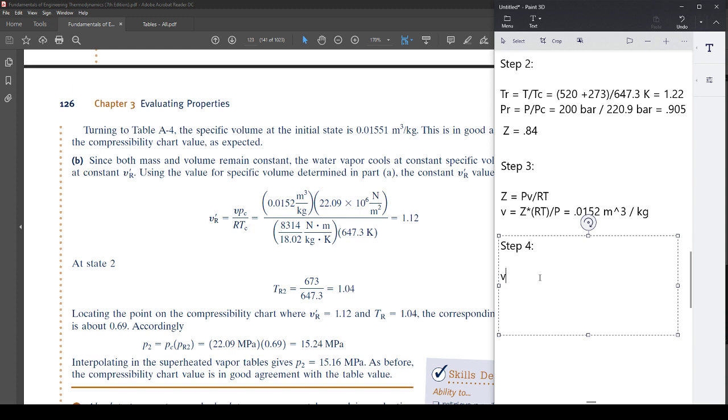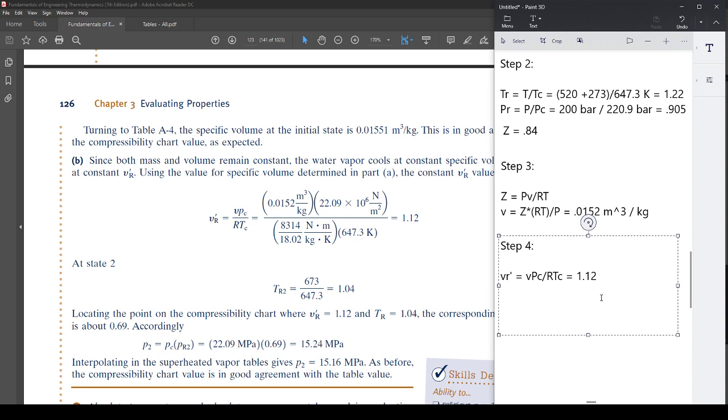So Vr prime is equal to V Pc over R Tc. Okay. And then when you plug in all of that again into this very long equation, you get 1.12 as a Vr prime. And by getting a Vr prime, we can use that in the table.